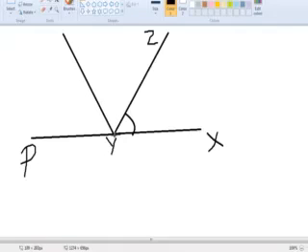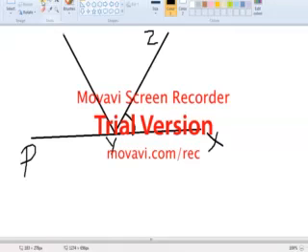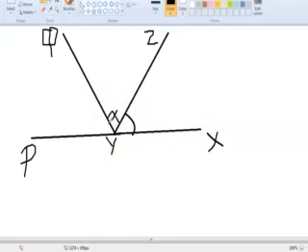Y point is already there, so now the left one will be Q. Here it will be Q. This is the bisector. Hence this is not 90 degrees. This angle and this angle are equal. These are bisectors.